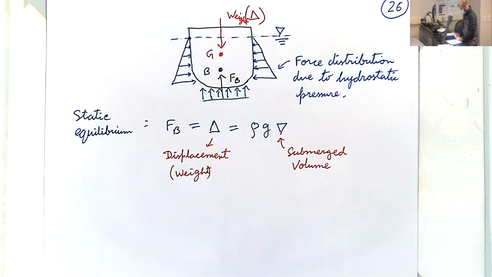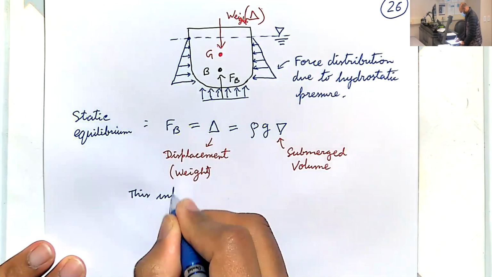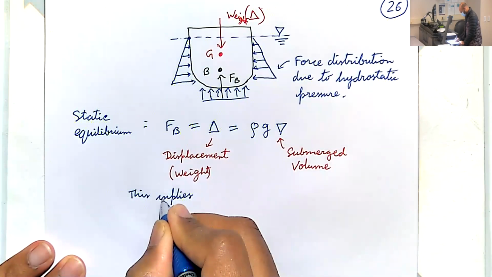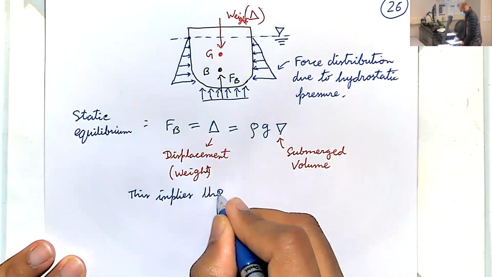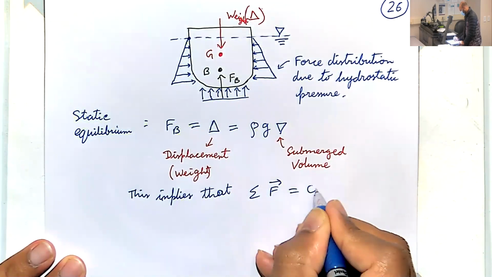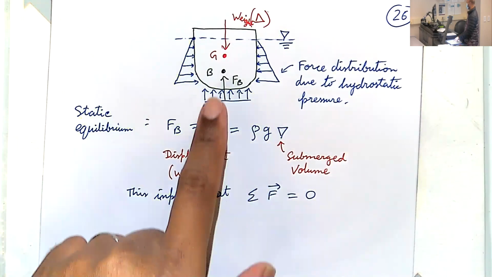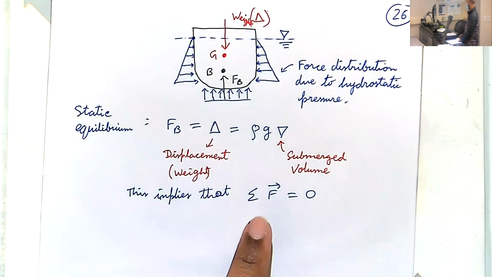So this basically implies the resultant, which is the sum of all forces, is equal to 0. Force vector, one is negative, one is positive. So the sum will end up being 0.